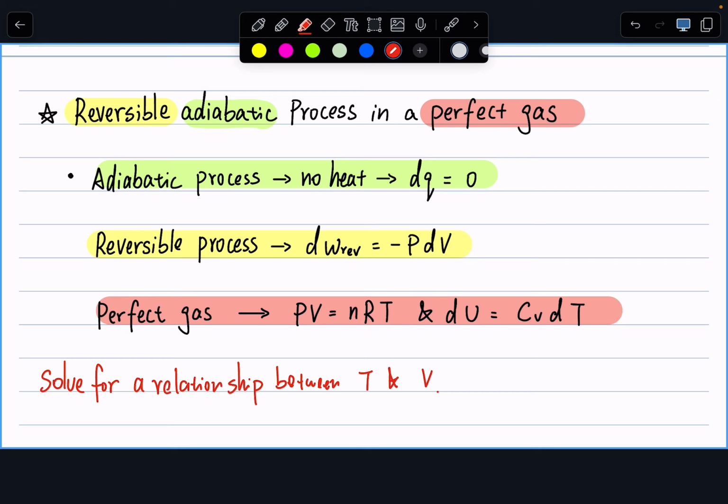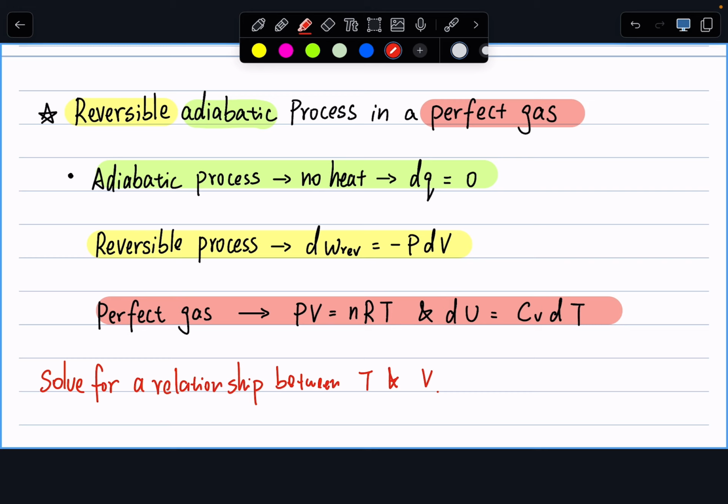Right? Then what can we do? We can take the integral on both sides, since on the left we only have temperature, on the right we only have volume. So taking the integral, let's take the constants out: Cv times the integral of 1 over T dT equals negative nR times the integral of 1 over V dV.